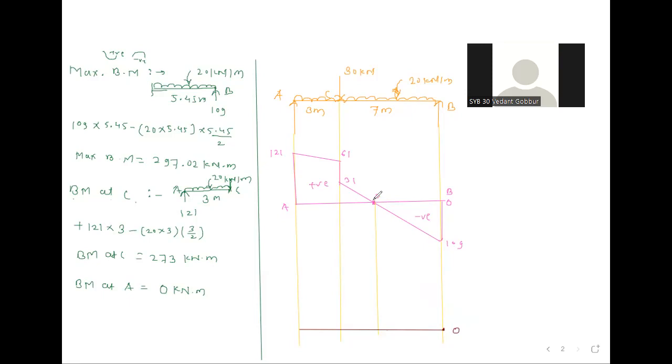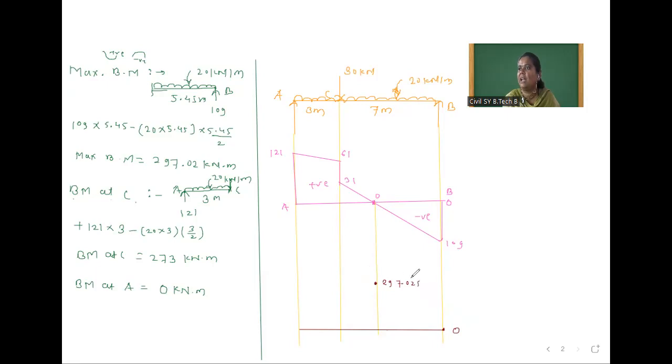After that, where shear force is 0, at that point bending moment is maximum, and the value of maximum bending moment is 297.025. After that, we have calculated bending moment at C. So bending moment at C, which is equal to 273. So below this 273, and bending moment at A is 0.